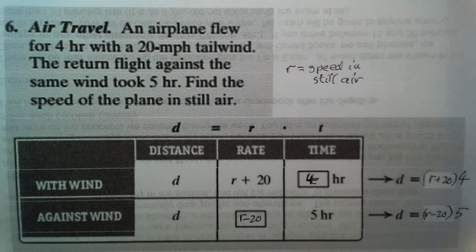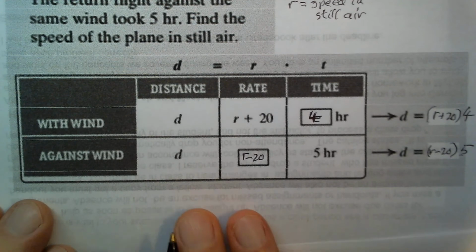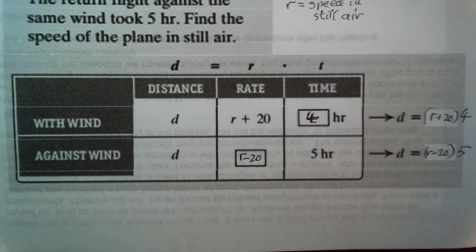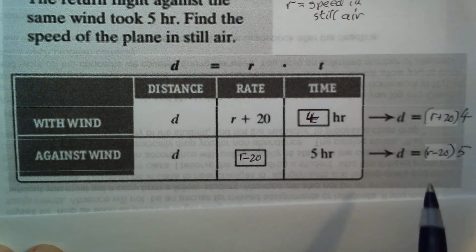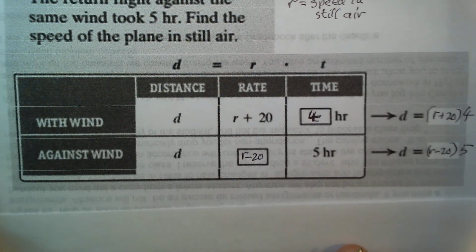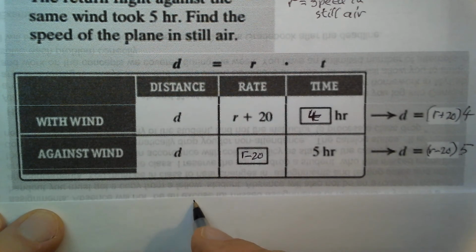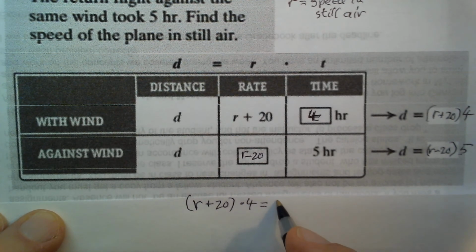Again, the important observation is that the distances are the same. So therefore, we can set the distances equal to each other, which means that r plus 20 times 4 equals r minus 20 times 5.